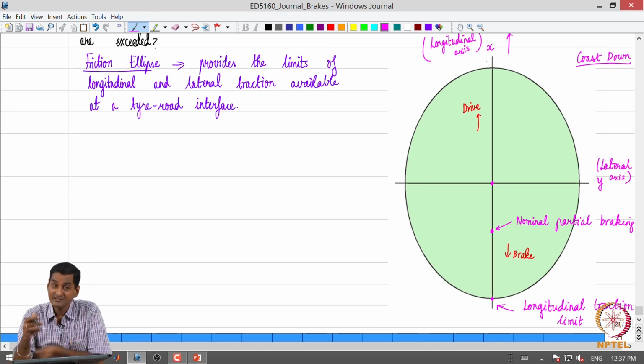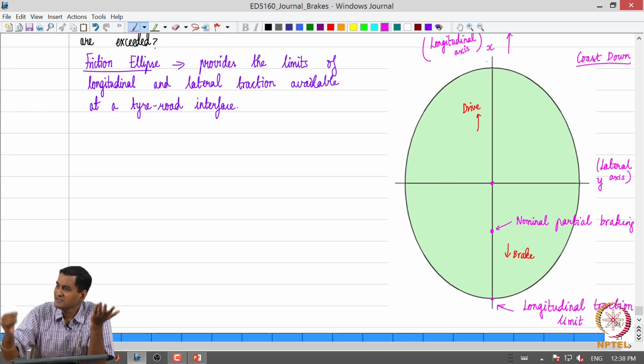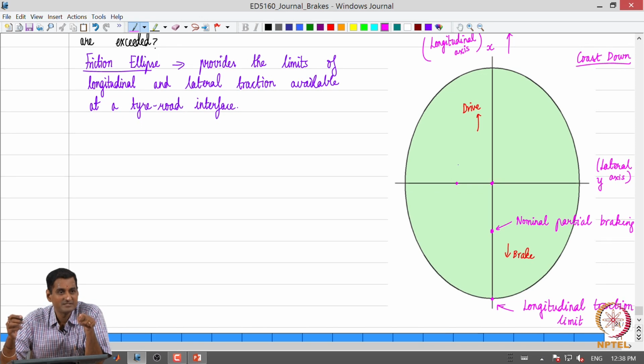So what happens now? Not only am I braking completely, I am also asking for some steering force, or force along the lateral direction, not completely, but let us say this point. So this is partial steering, and I am doing complete braking.